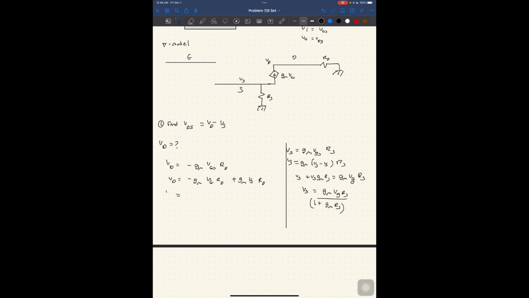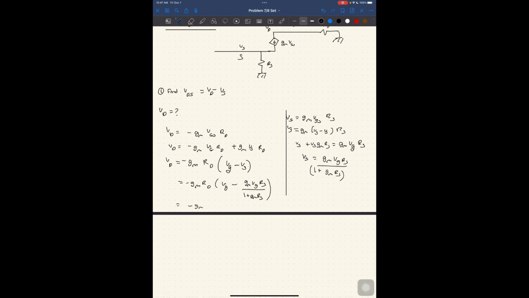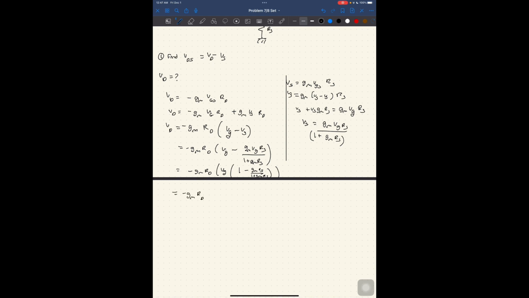And so here I can say that VD is equal to minus GM RD VG plus VS. So it's VG minus GM VG RS over 1 plus GM RS, which is equal to minus GM RD VG, 1 minus GM RS over 1 plus GM RS, and that could equal minus GM RD VG, 1 plus GM RS over 1 plus GM RS minus GM RS over 1 plus GM RS.